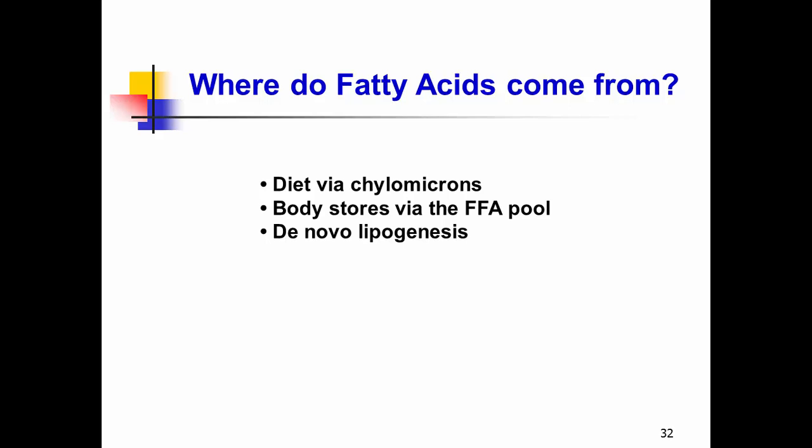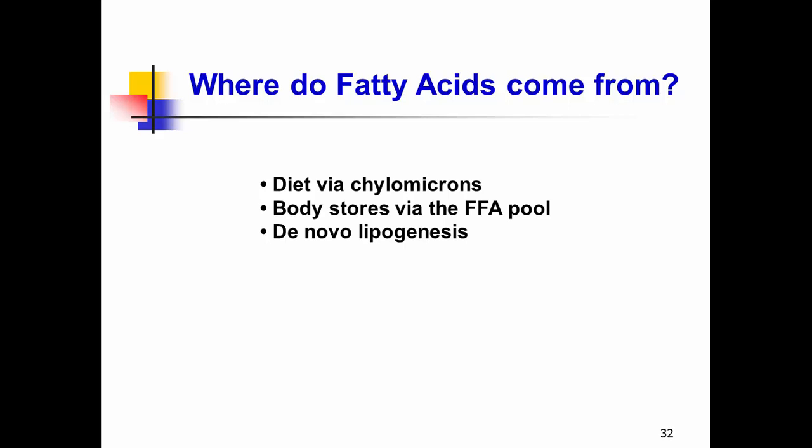So here's the question. Where do fatty acids come from for triglyceride synthesis? So first of all, in which physiological condition does triglyceride synthesis occur? Fed or fasting? Fed, right? In the fed condition.